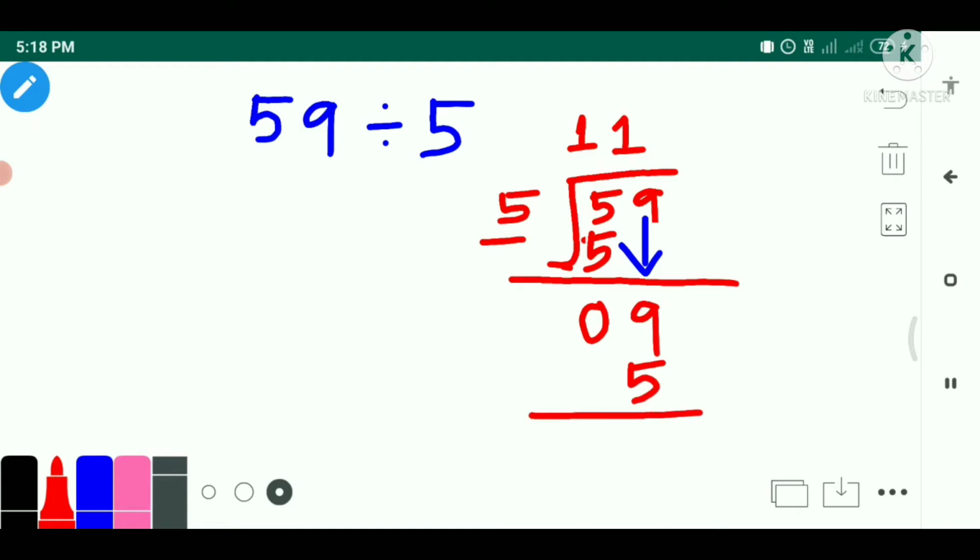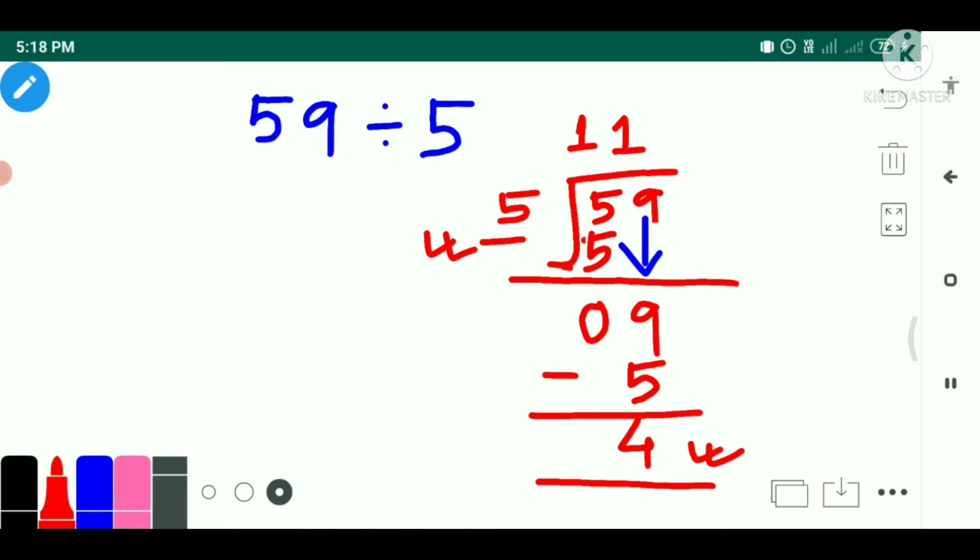Now again we'll do subtraction. 9 minus 5 will be how much? 4, right? As you can see, this number is less than the divisor.